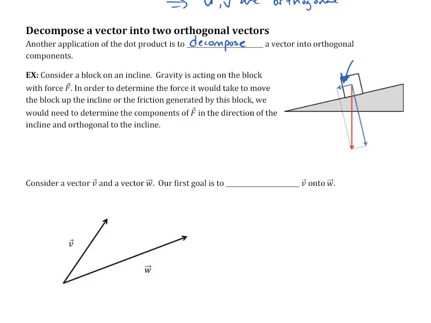And by finding this one, we might also want to find what is the force that's going straight down or perpendicular to that vector. So we want to find these two vectors right here.